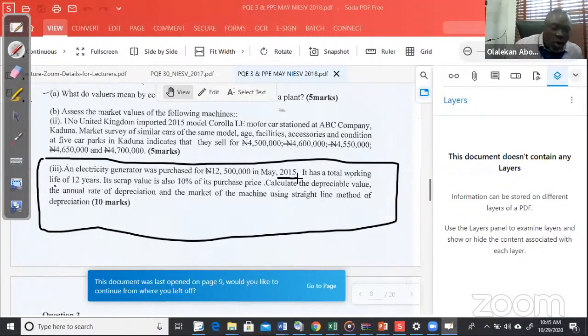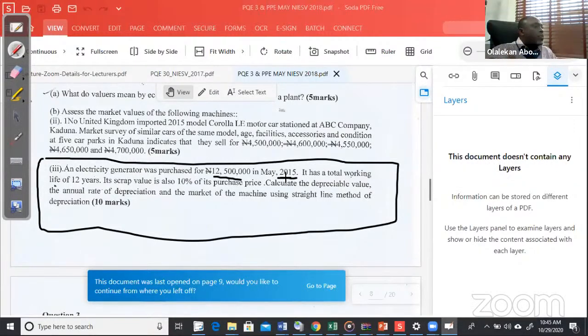Don't create questions for yourself. You are not given. Don't say you want to assume the current cost will now be 15 million or 20 million. Then work within the policy. But there are some reasonable assumptions you might need to make. I'm not ruling that out. But in this case, you have your cost to be 12.5 million. You have the year of installation to be 2015.